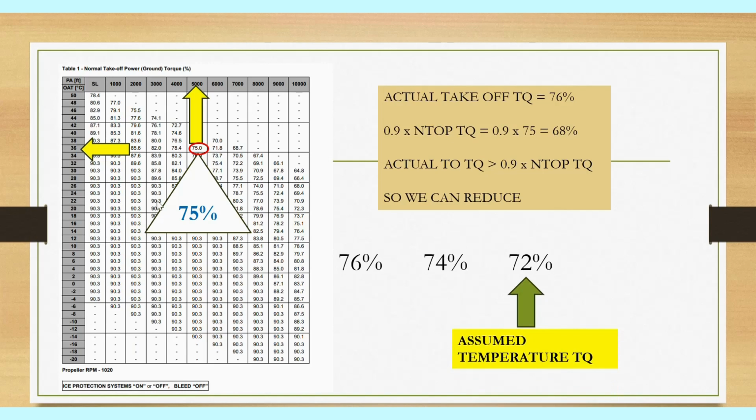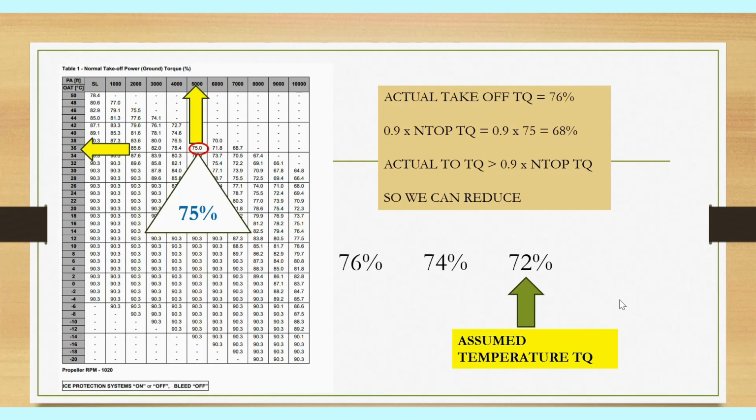Now can you see that 72% is the assumed temperature torque that we talked about in the previous slide, for this particular configuration. Now since we have already reached that value in our pushes, it means that we're going to push in this case only twice, so we're going to reduce twice. Instead of 76% performance, we are going to use 72% performance. That's, I hope, making sense.